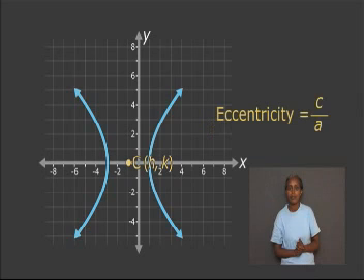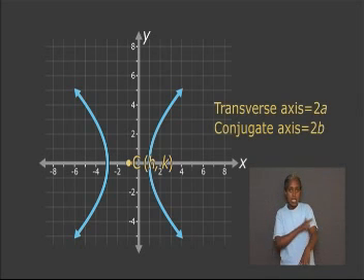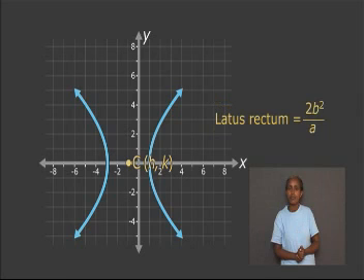The eccentricity is c over a. The lengths of the transverse and conjugate axes are 2a and 2b respectively. And the length of the latus rectum is 2b squared over a.